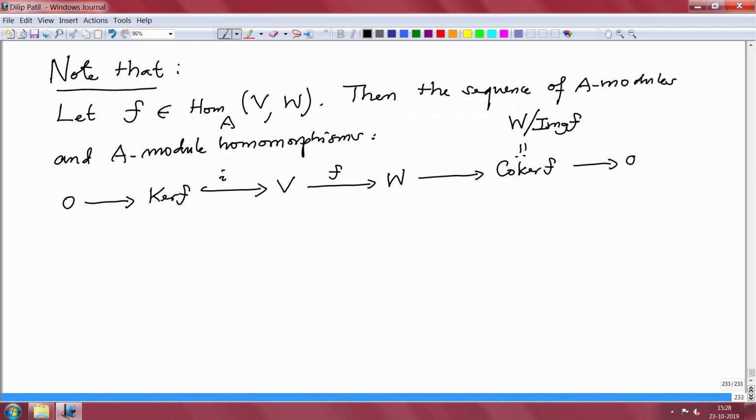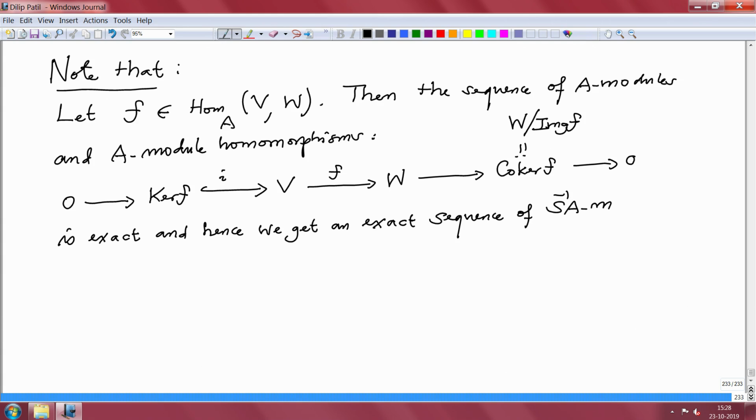Now, I want to say that this sequence is exact, and hence we get an exact sequence of S inverse A modules and S inverse A module homomorphisms.